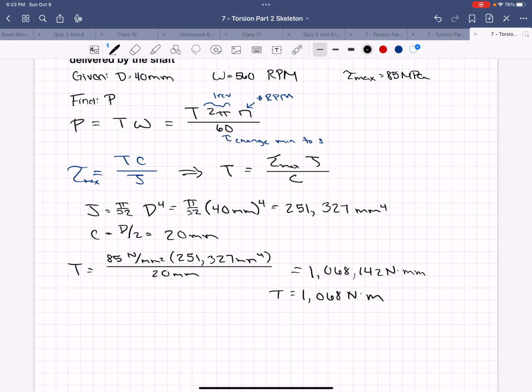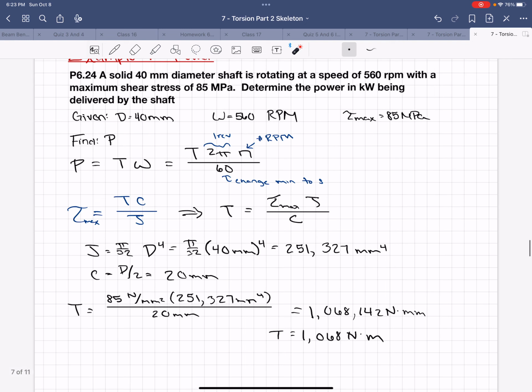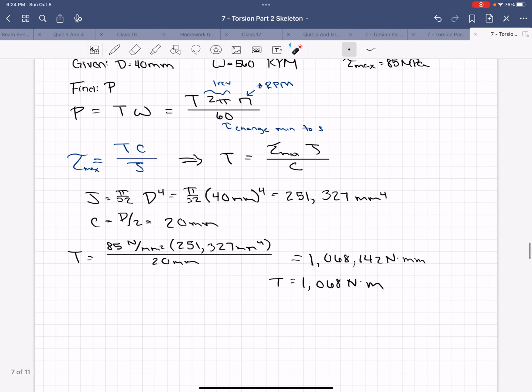All right, so now we can find the power. So we have torque, we know 2 pi, and we know N and 60, so all we needed was torque to find the power. Okay, and we're supposed to give the power in kilowatts.